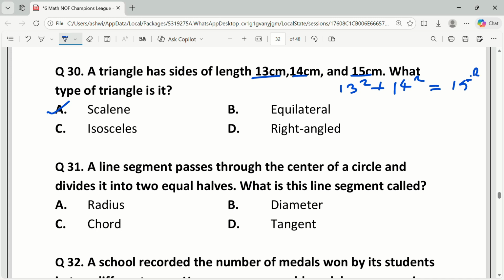That is 169 plus 196, which is equal to 225. That is 365 is equal to 225, which is not. So it is also not a right angle triangle.